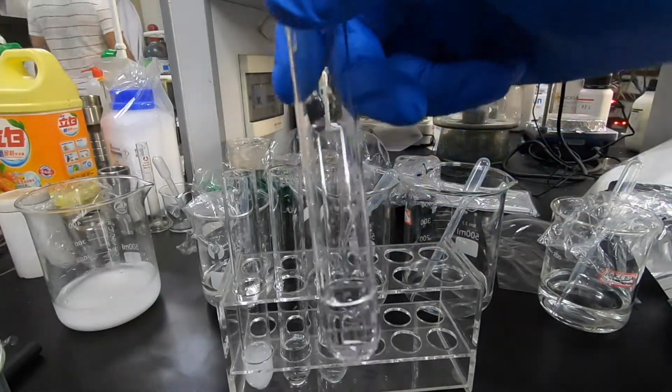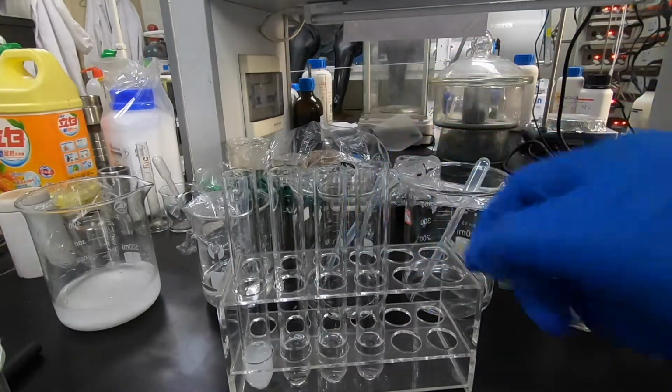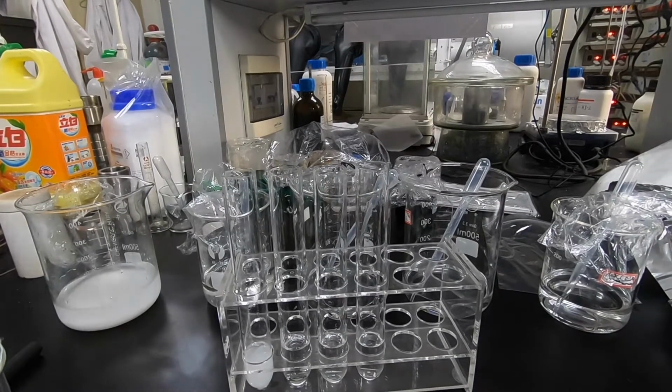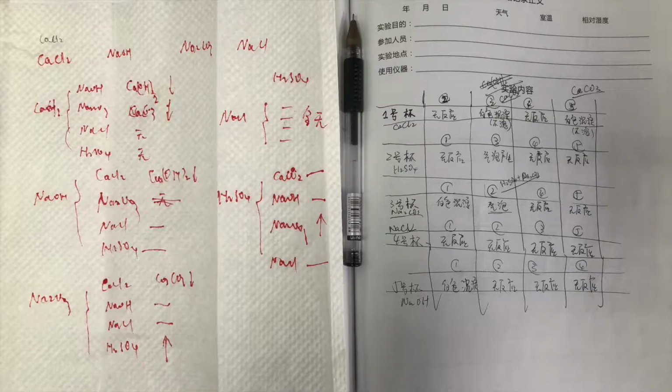So now we have recorded all of the possible reactions between those 5 solutions, and we can use those data to make a table and do the analysis. Let's now focus on the messy lab report on your right side. We can see that when solution number 1 is reacting with solution number 3 or solution number 5, it produces a white precipitate.